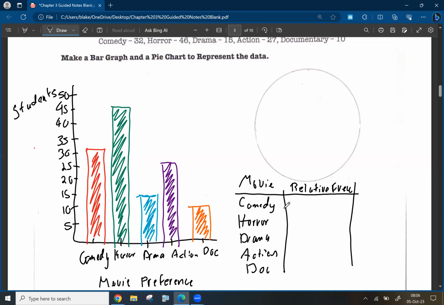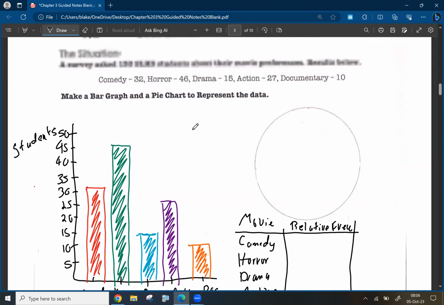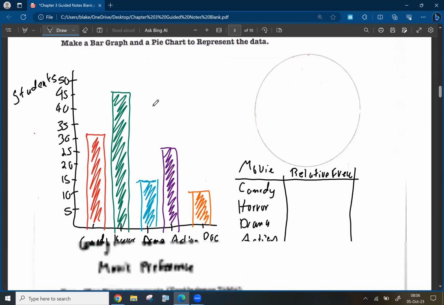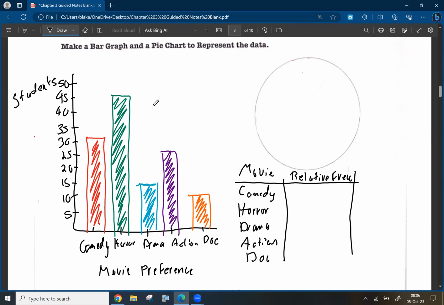So to do that, of course, we're going to need its proportion. So remember, comedy was 32 out of 130. Remember, it said that there were 130 students. So 32 out of 130 comes to 0.246.